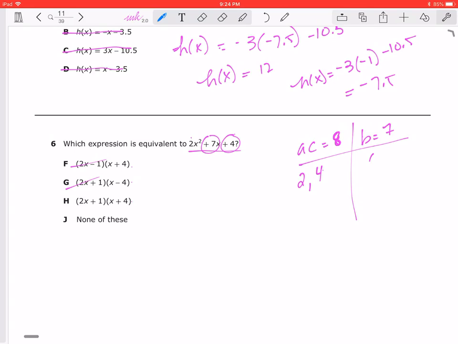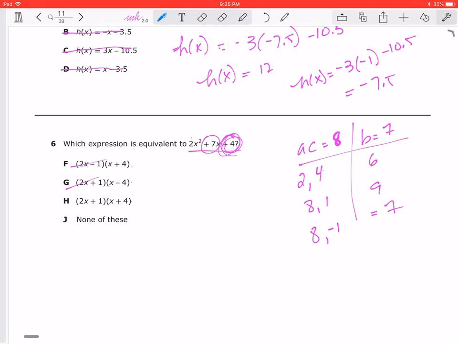The possible combination 2 and 4 would add up to 6. That won't add up to 7. And 8 and 1 would be 9 with both being positive. So I'd have to use positive 8 and negative 1 to equal positive 7, but that won't work in terms of getting us a positive 4.